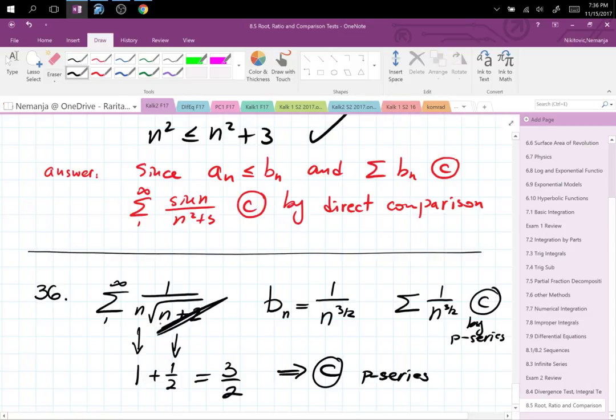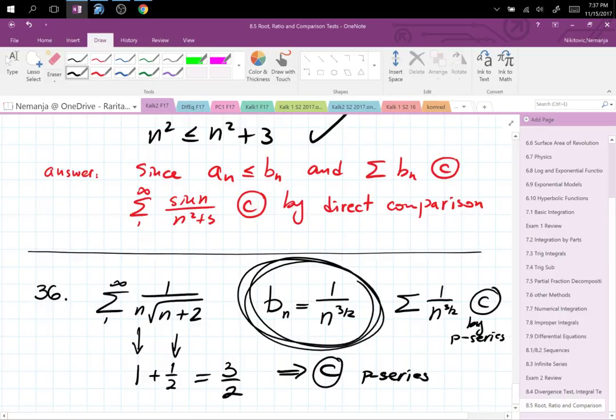I completely ignored plus 2 because when you plug in infinity, you can't plug in infinity into it, so don't worry about it. So I got 1 plus 1/2 is 3/2, and 3/2 in a p-series is convergent, so I am picking b_n to be 1 over n to the 3/2, and the series from 1 to infinity converges.